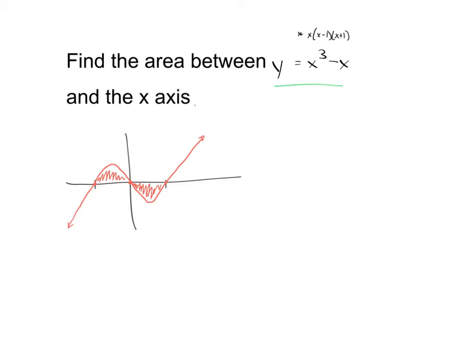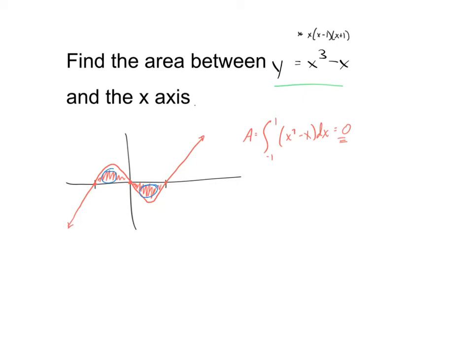What is interesting is if you just evaluate the integral from -1 to 1 of x cubed minus x dx, if you go through the steps, you're going to get 0. The reason is this negative area down there cancels out that positive area up there. And you just get 0.